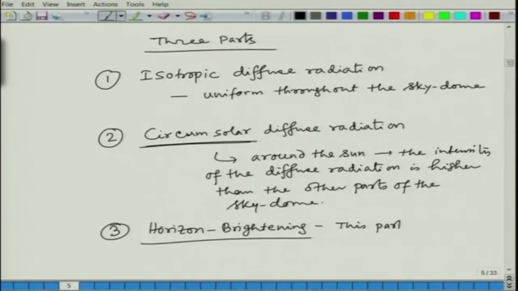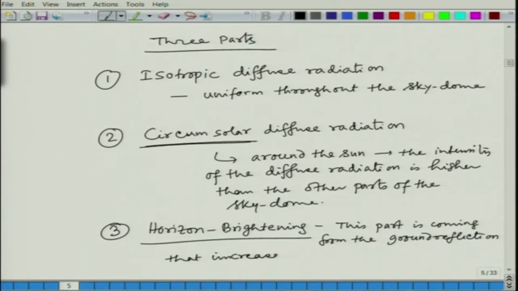So, this part is coming from the ground reflection that increases the intensity of the sky dome close to the ground.